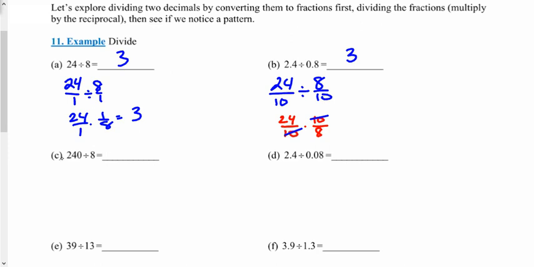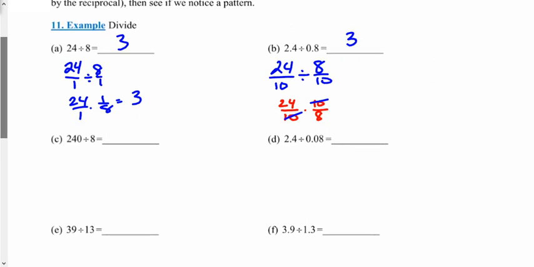Okay. Well, let's keep going. What about, let's go back to some nice whole numbers here. 240 divided by 8, that's 8 goes into that 3 times and then another factor of 10, right? So it goes in 30 times. But this is a little bit weirder. So let's look at this one. Of course, I can take this 24 tenths, and then this says 8 hundredths. So we'll do that.